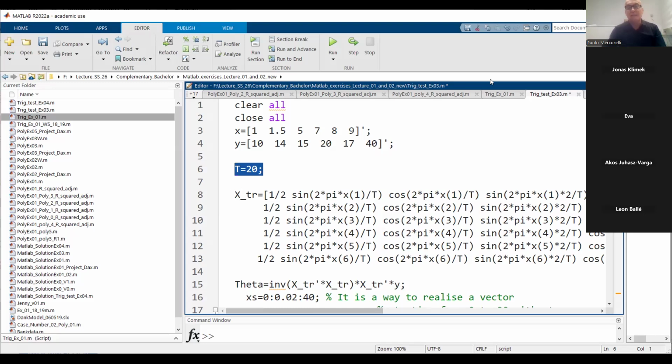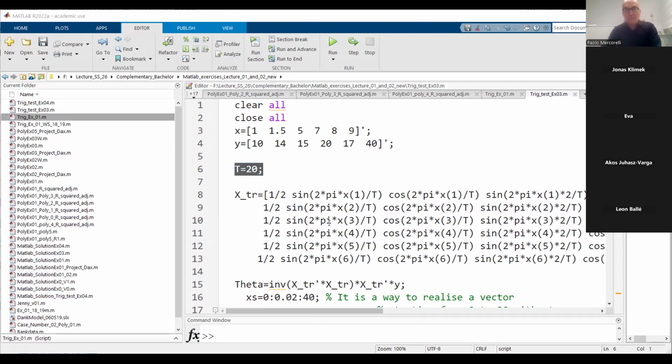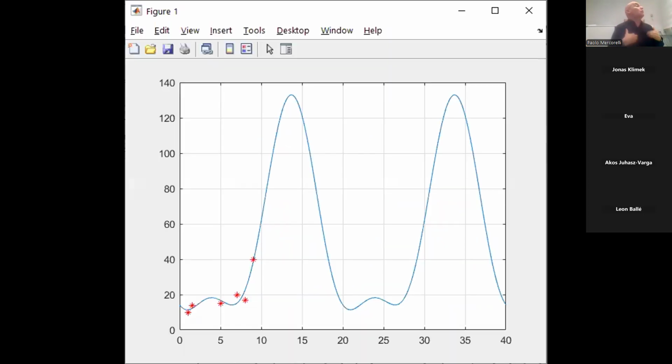Look what happens. Why is this working nevertheless? If t is large enough, because I am assuming that the data are periodical, otherwise I cannot use this system here. But you can see that I will repeat the data starting from 10, but inside my domain they're not periodical.